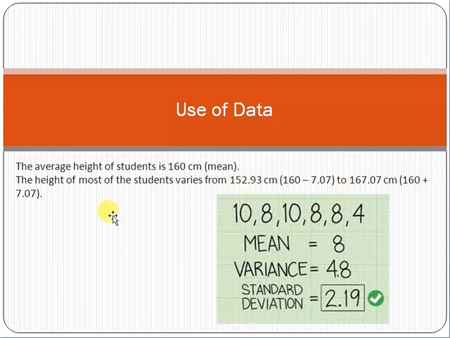Once we added 7.07 to the mean value 160, we got 167.07. So in that way we got the range 152.93 to 167.07. That is called the concept of standard deviation.